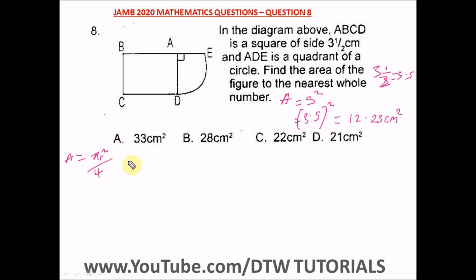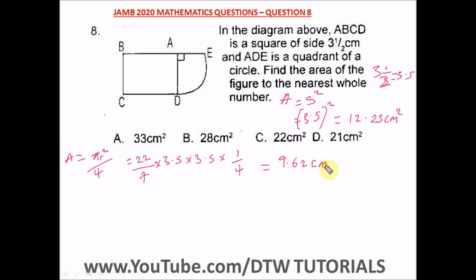So if we were to solve for this, we have 22/7, which is our pi, times the radius, which is the side, 3.5. So we have 3.5 in two places, times 1/4.